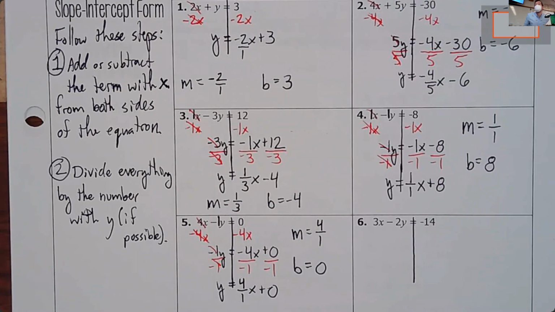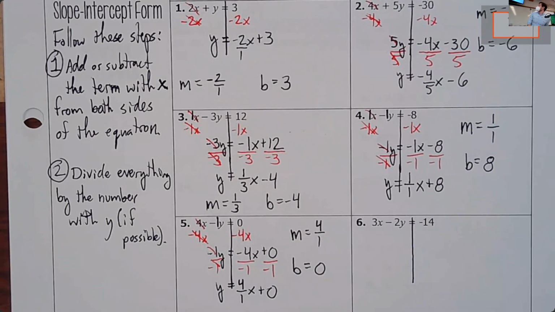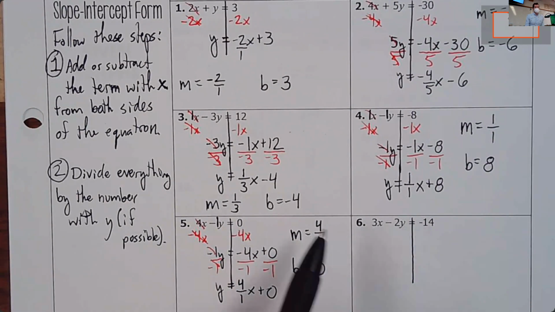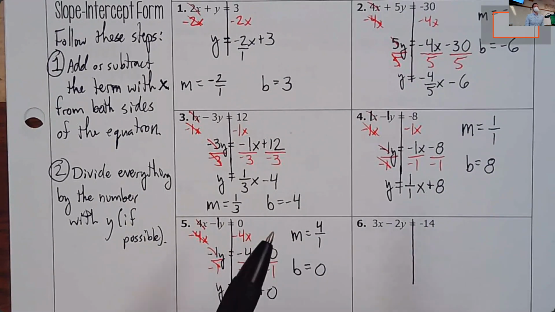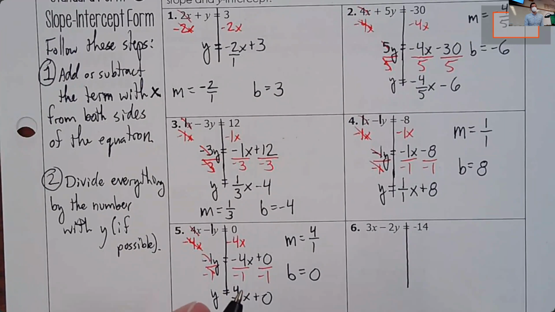What's that? So step 1 says to add or subtract the term with x from both sides. So which term has x on it on this one? The 3x. Okay, so what should we do with that then? Should we add it or take it away from both sides?